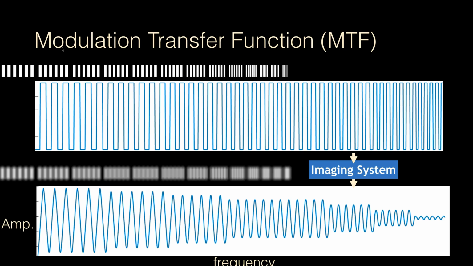So the modulation transfer function, we can think of if we had that bar pattern where we're again alternating. We can think of these as frequencies because we're alternating between bright, dark, bright, dark. And these are the lower frequencies and these are the higher frequencies.